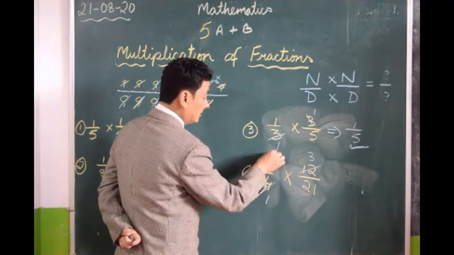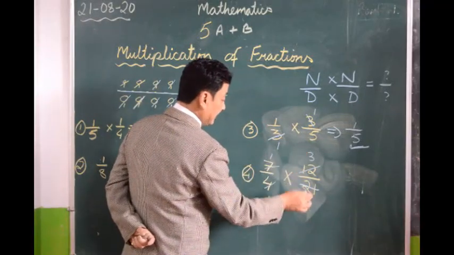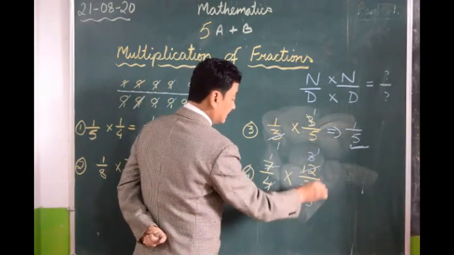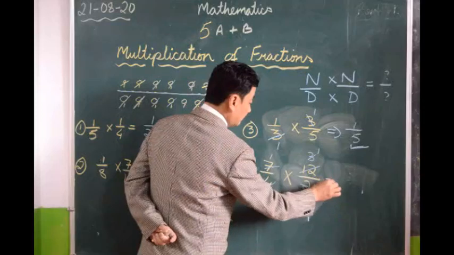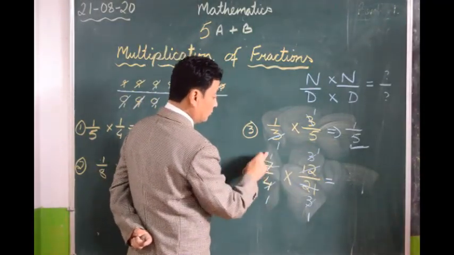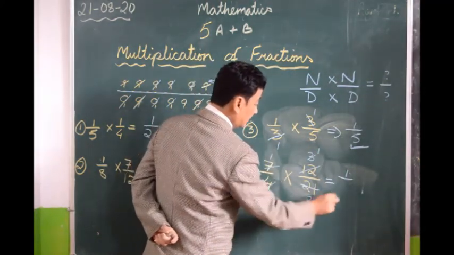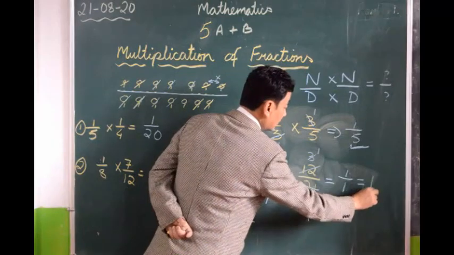Yes. 7 ones are 7 threes. Now 3 will cancel 3 also. 3 ones are 3 ones. So we've got left, what is left? 1, 1, 1, 1. So 1 into 1, 1. 1 upon 1, 1.